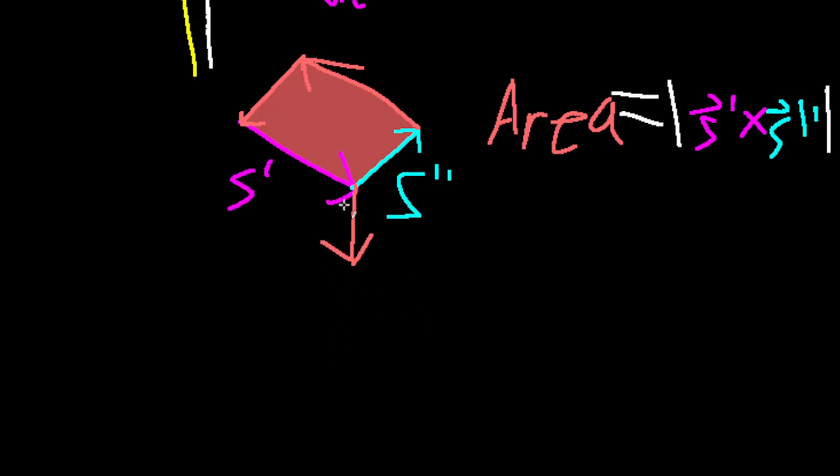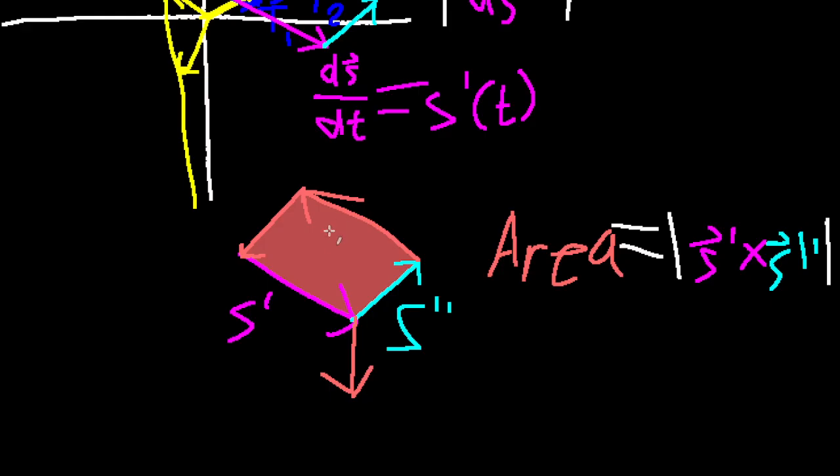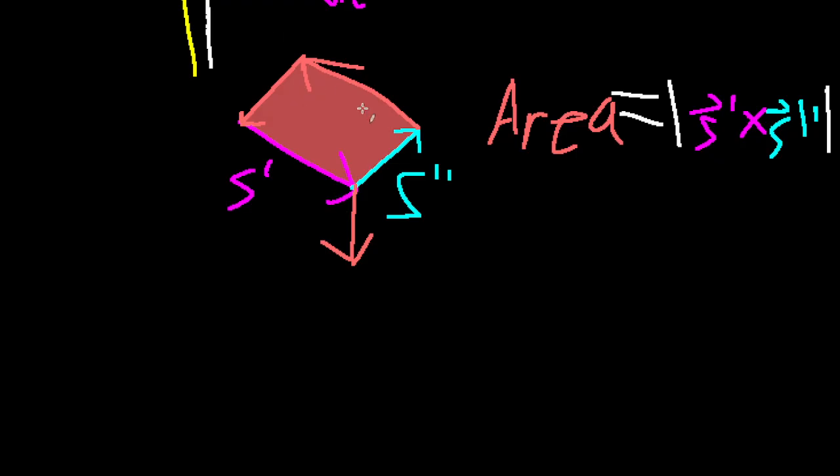But the magnitude of this arrow is represented by the area of this parallelogram. So this is the first kind of strange thing, right? We want to think about a parallelogram, but we're representing it with an arrow that's not even in the plane of the parallelogram.